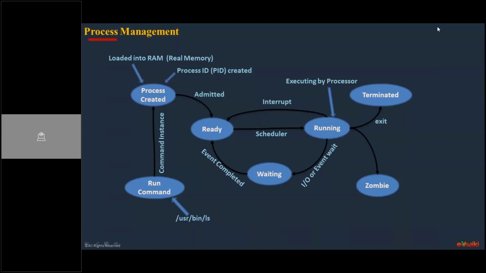It could be as simple as listing the files, or it could be a bigger activity, whatever it is. Agree? That means anything that you want to do with your Linux system, the process has to be created, a process ID will be created, it will go into the RAM queue, it will be scheduled for the processor to execute, and it will terminate it. It will remove that content from the RAM again. That's the process that happens in the backend.